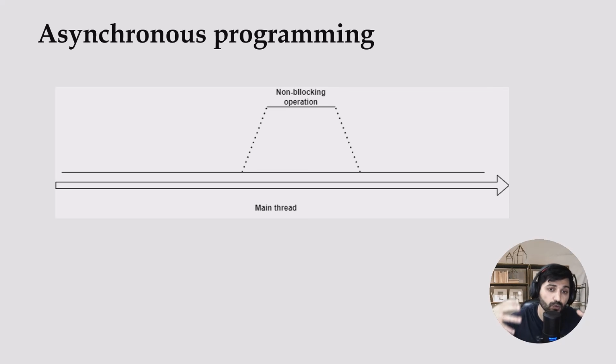So you don't want to block your thread. You want to gain responsiveness and scalability, and it is possible to do it using asynchronous programming. One way is using the async await keywords.